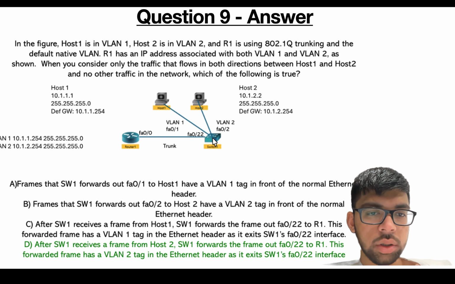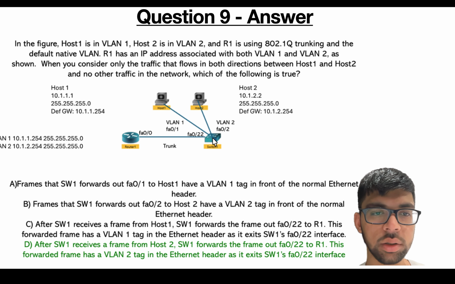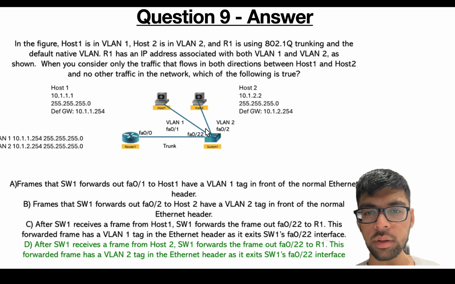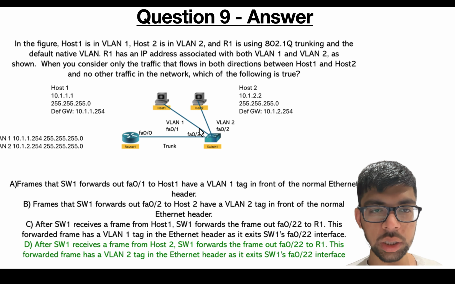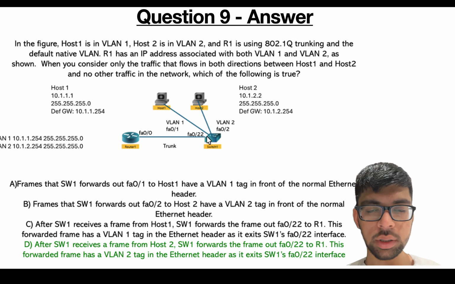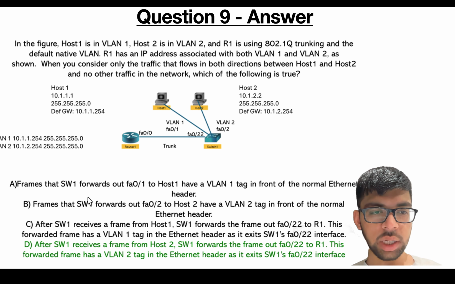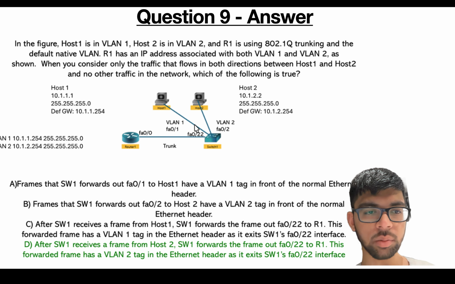Now, if switch 1 is forwarding to host 2 out of that port, you can't have that. Firstly, this port is an access port. Same thing here. VLAN frames that switch 1 forwards out of fast Ethernet 0/2 to host 2 have VLAN 2 tag in front of the normal Ethernet header.